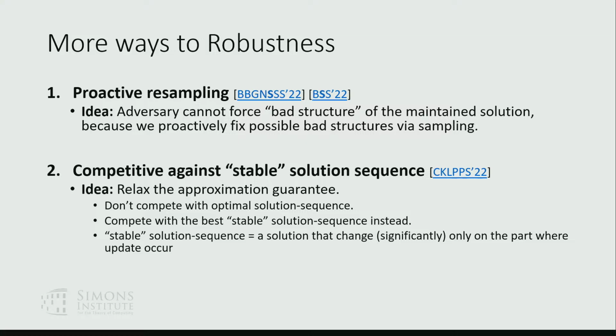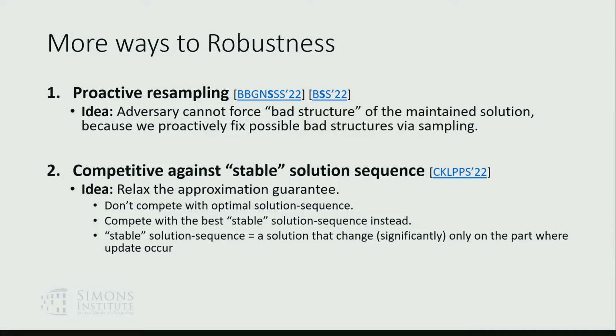Another thing that is interesting, and it has been used in this new MaxFlow paper, almost linear time MaxFlow, is that they designed the approximate mean ratio cycle dynamic version, but instead of designing one that has good approximation, they just want to design one that is competitive against a stable solution sequence instead of the optimal solution sequence.